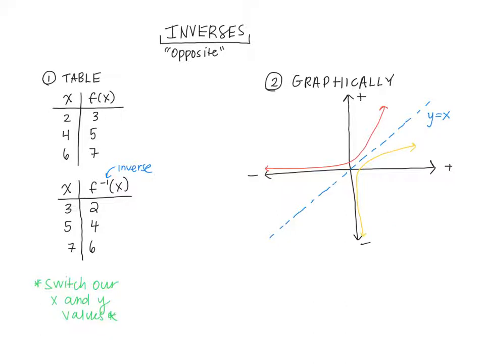So when we think about it graphically, we know that inverse functions will reflect over the identity line.